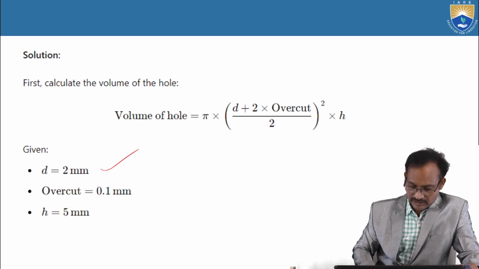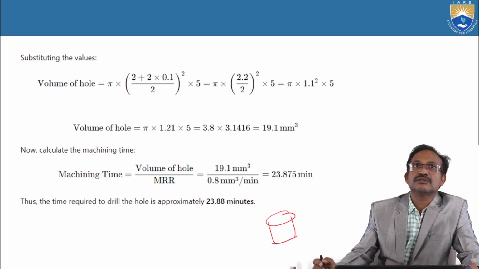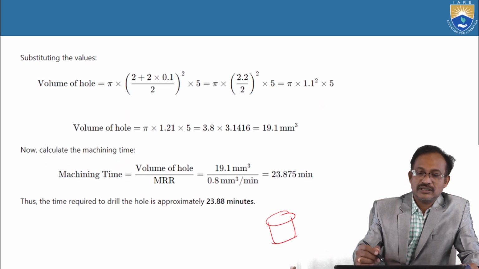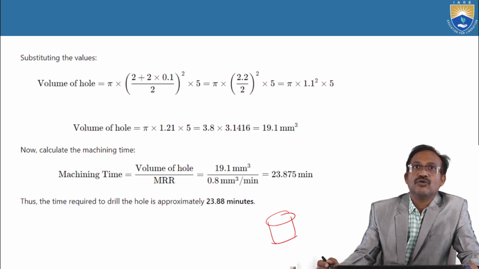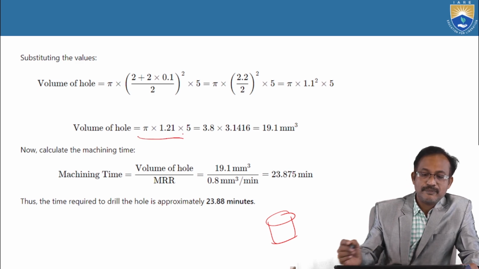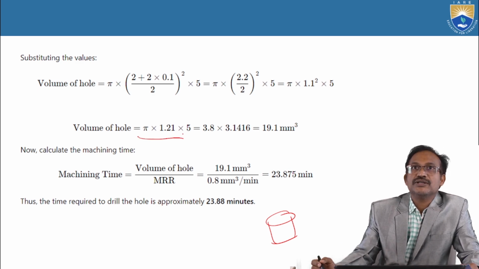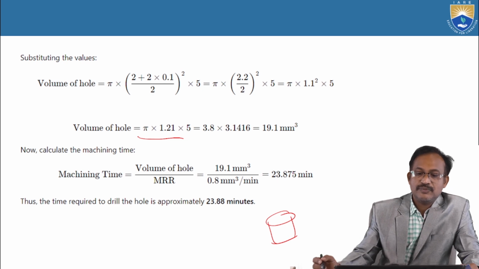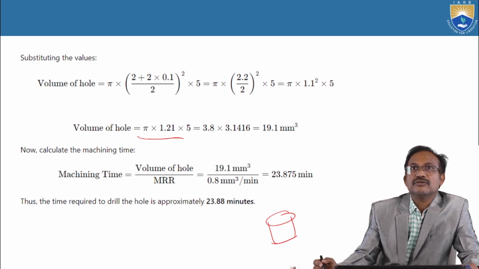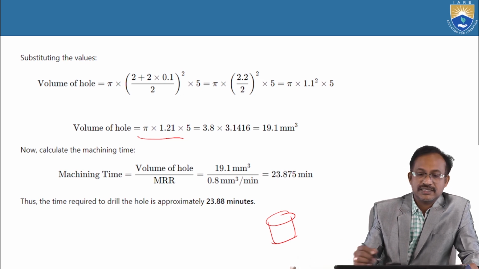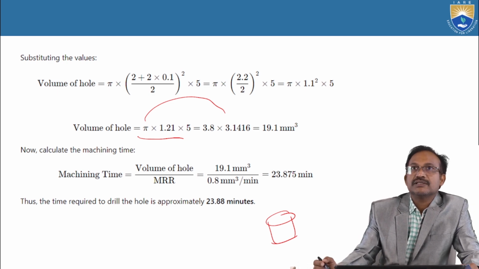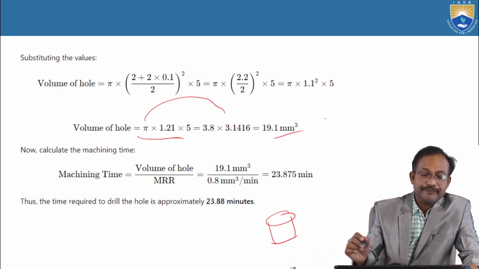Substituting, we get pi into 1.21 into 5, that is 3.8 into 3.1416, where that is the value of pi. So totally the value is 19.1 mm³.